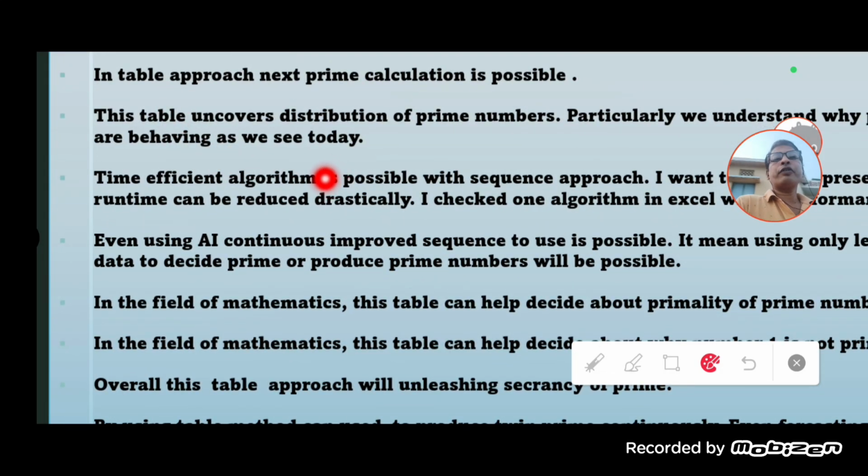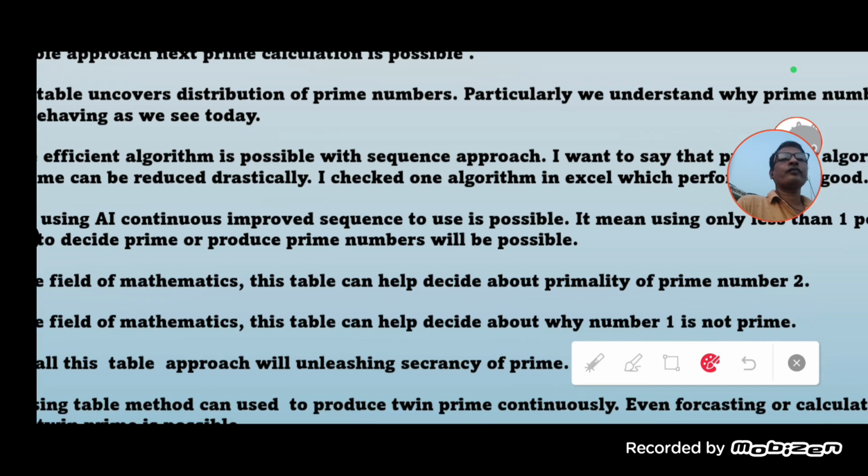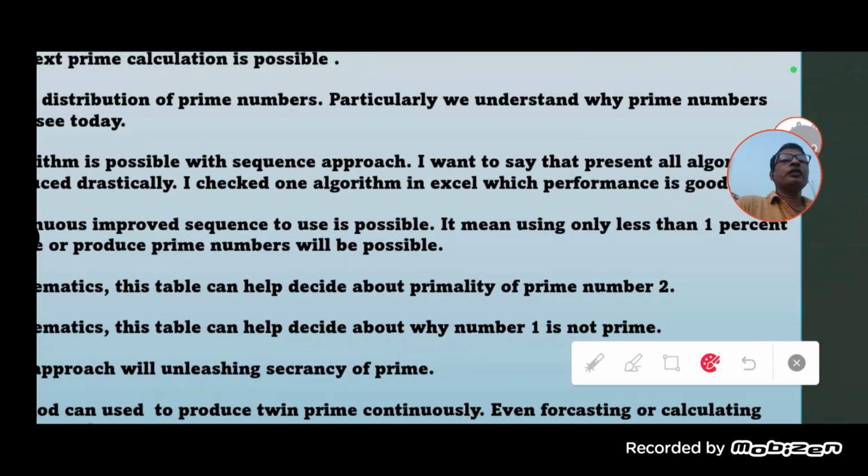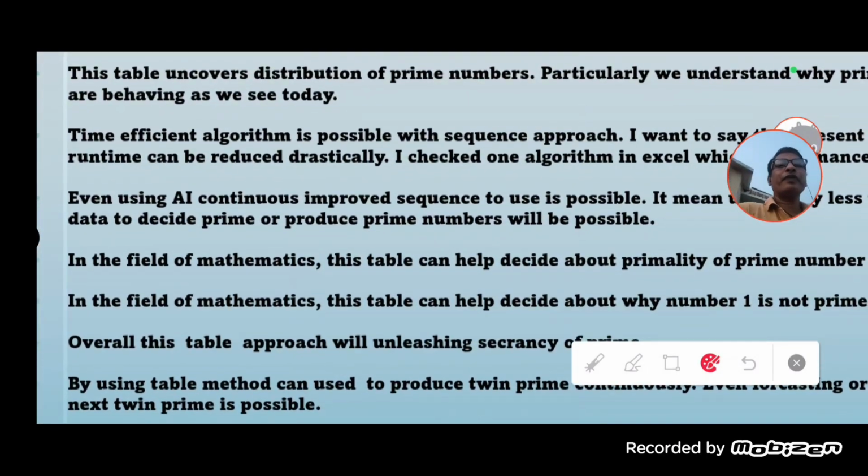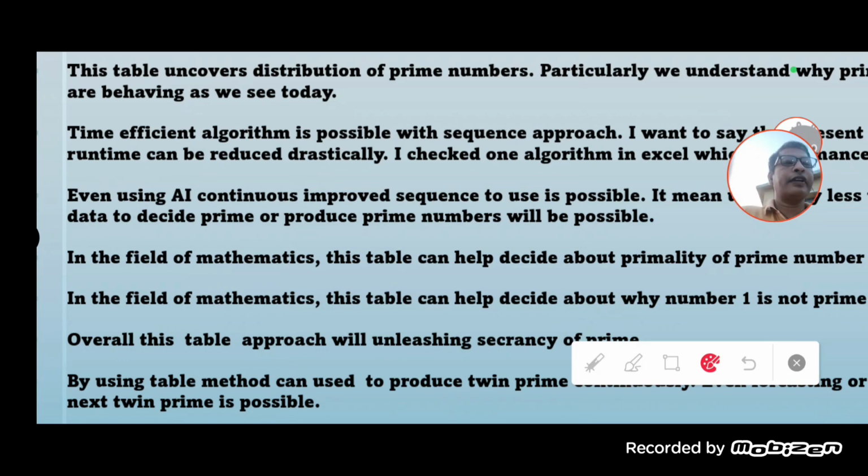Today we don't know why prime numbers look random, but I can promise you, once all this data comes out through this table, all the questions regarding the distribution of prime numbers will get solved. The understanding of prime numbers and their behavior will become clear.